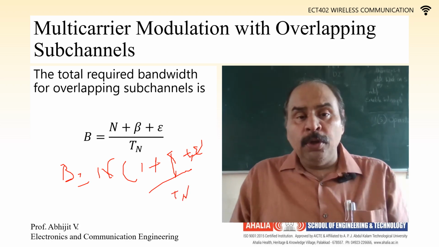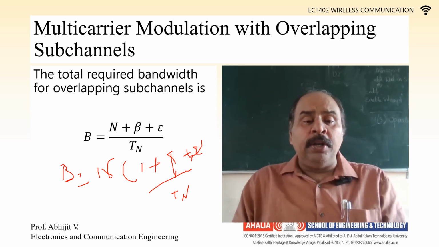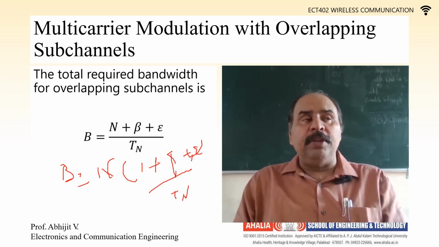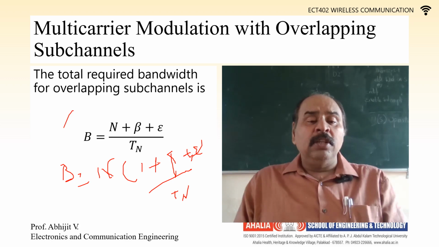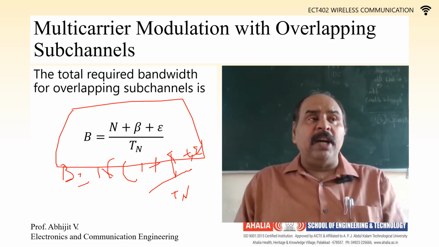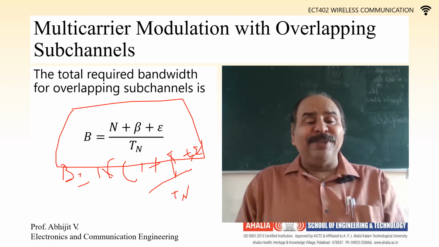This was how we defined the total required bandwidth for non-overlapping channels. For overlapping channels, the total bandwidth is given by B is equal to (n plus beta plus epsilon) by Tn.